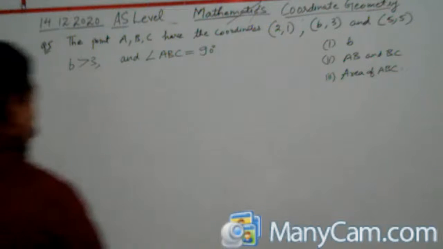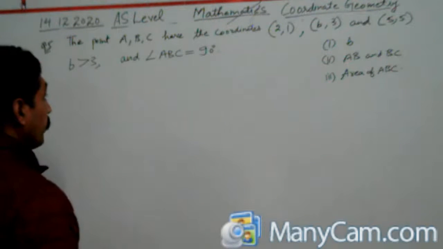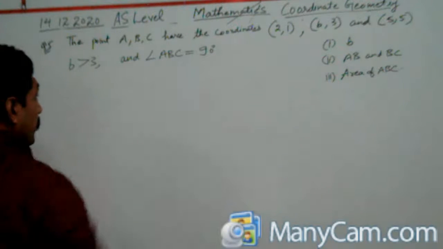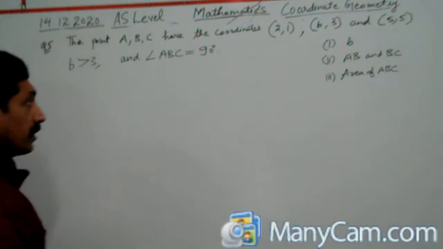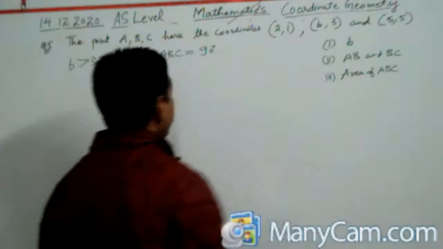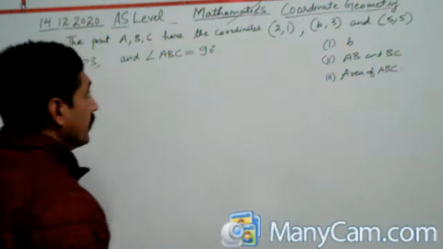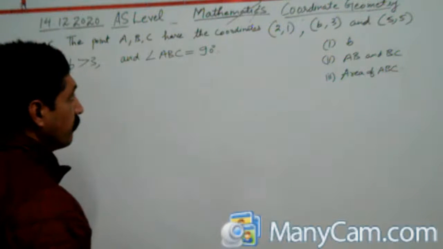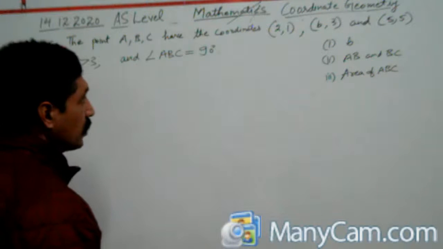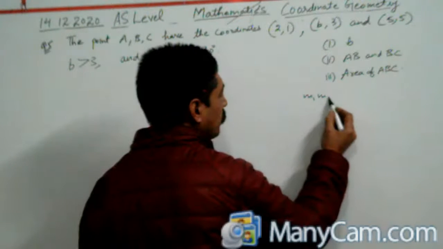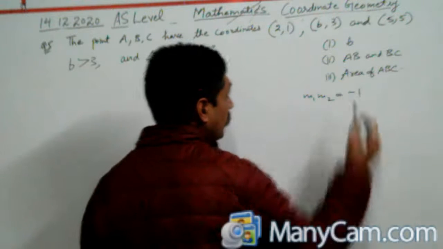We know that 3 points form a 90 degree angle. So here the slopes m1 m2, here B point, that is B, 3. First we have to find the slope, that m1 m2 is always equal to minus 1.